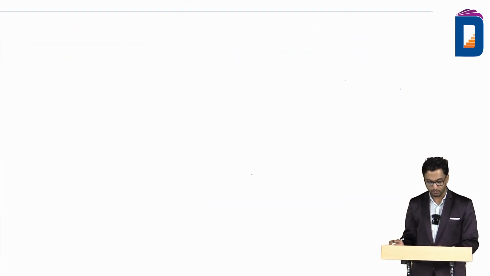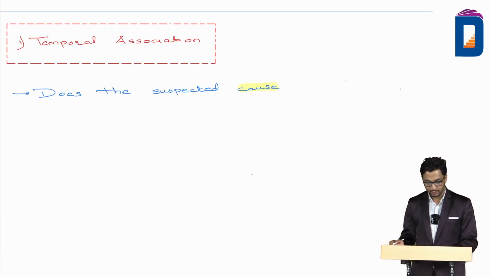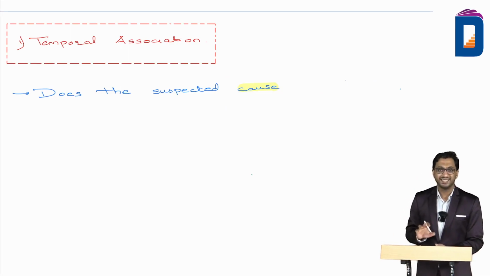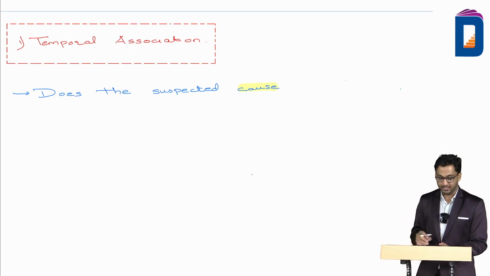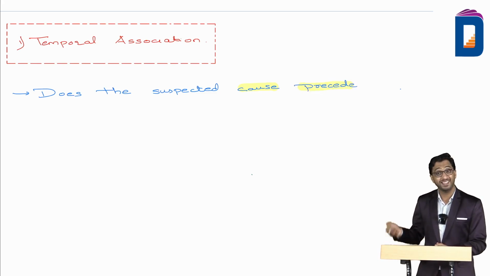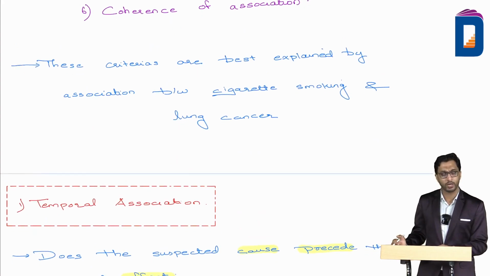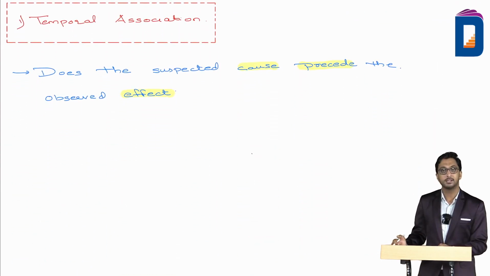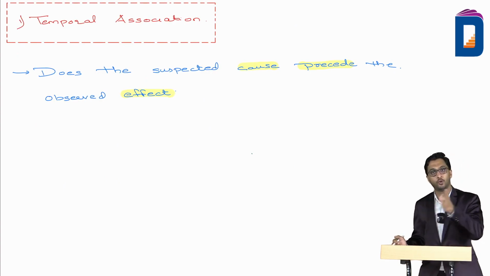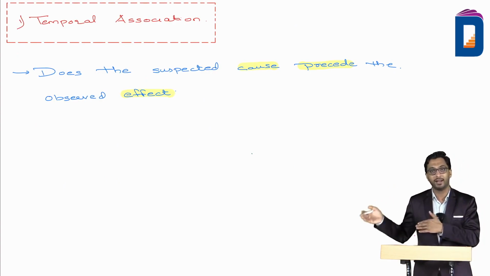So we'll come to the first one, which is temporal association. The question to be asked, to answer whether there is a temporal association or not, is: does the suspected cause precede the observed effect? The typical example we studied is cigarette smoking and lung cancer. Did the cigarette smoking occur before lung cancer or after lung cancer?